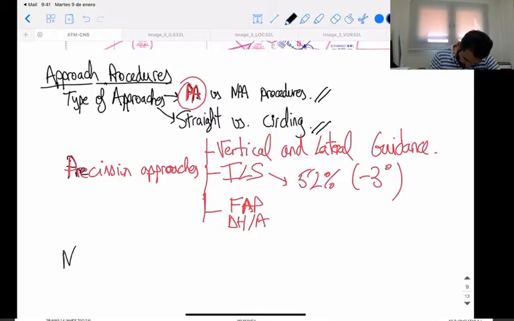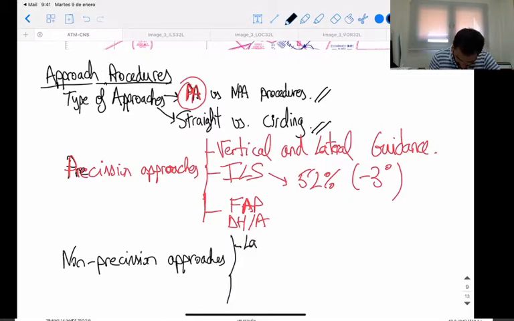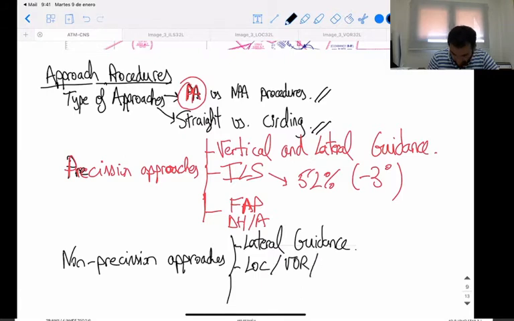When we talk about non-precision approaches, these are just providing lateral guidance. They might be based on just the localizer of the ILS, or VOR, or an NDB, providing a radial that is aligned with the runway.